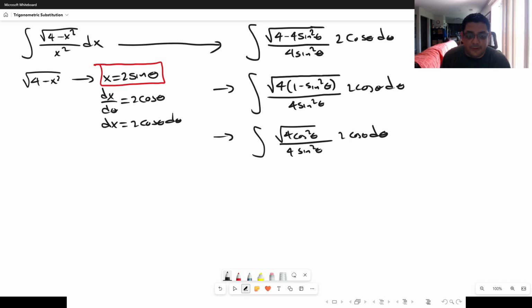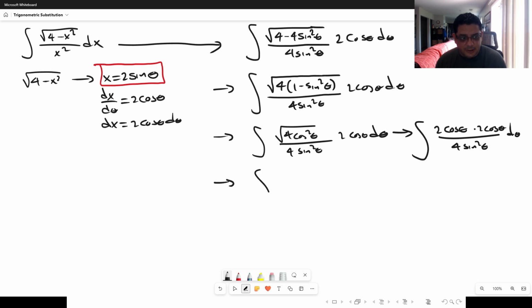And I need to do a lot of simplification in here. So the next step is going to be the simplification of this, which is going to be just 2 cosine of theta. But I'm also multiplying by another 2 cosine of theta over here. And I have 4 sine squared of theta. And notice that 2 with the 2 is 4, with the 4 is going to go away.